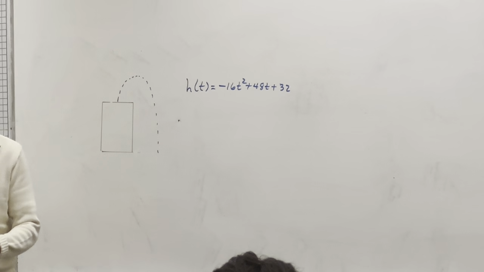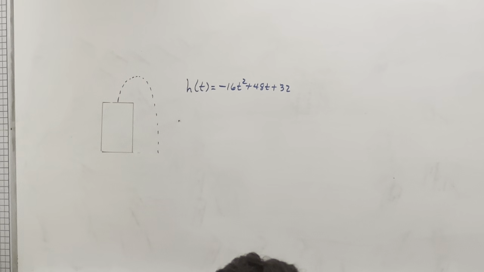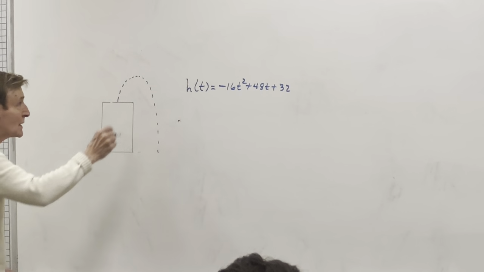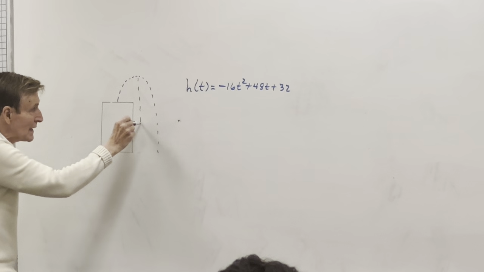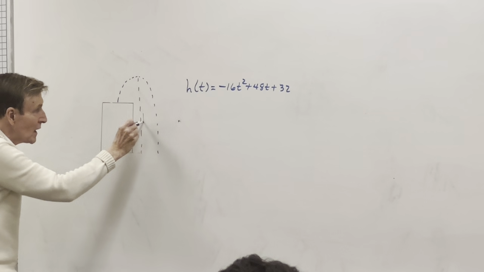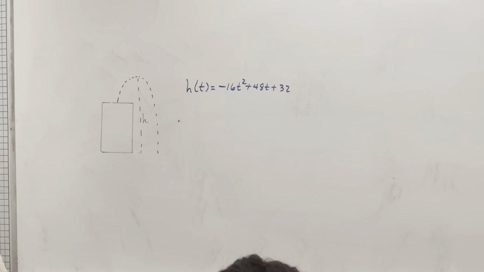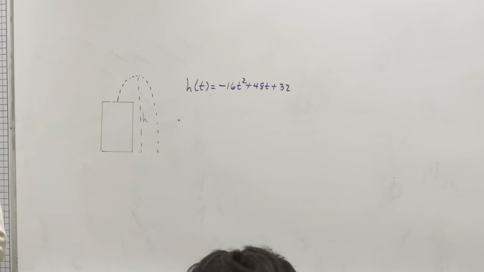Now, the first question, she wants me to find, is what is the maximum height reached by the stone? What is the maximum height that stone reaches? Andrew, go for it.